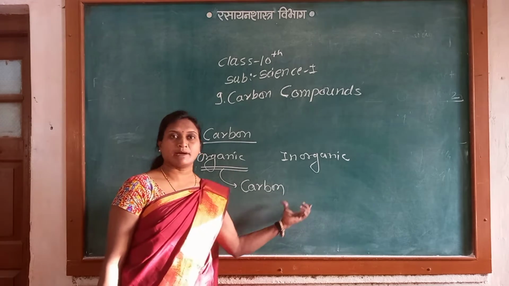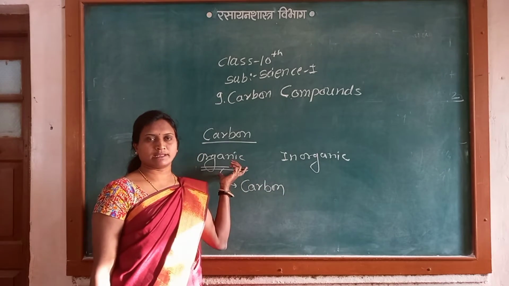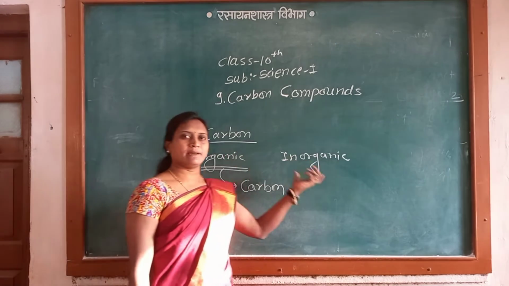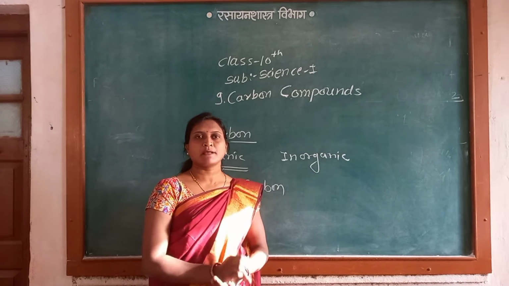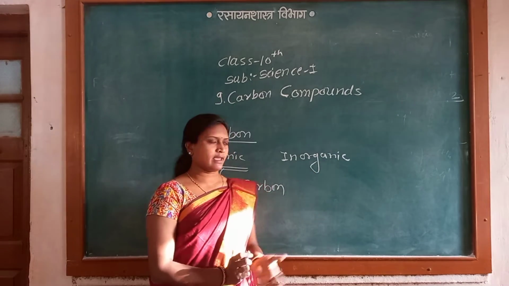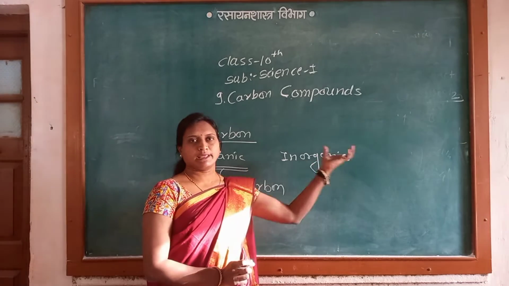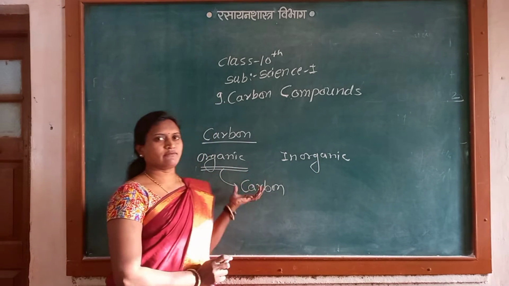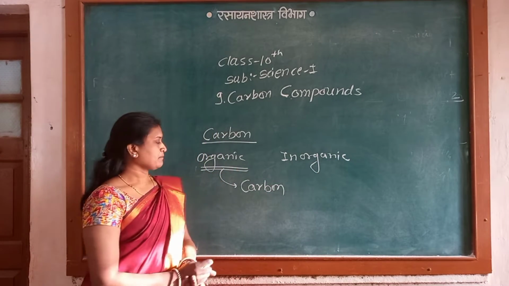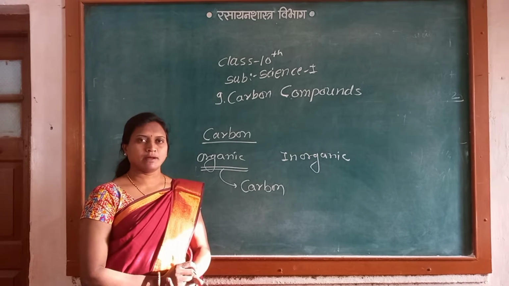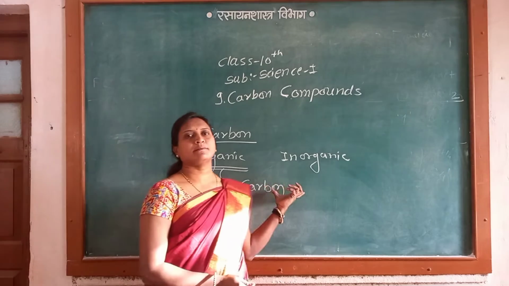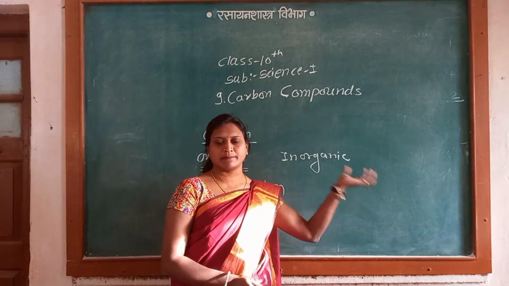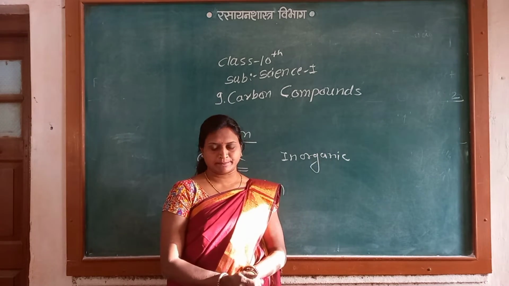That's why carbon-containing compounds we call organic, and compounds which do not contain carbon we call inorganic compounds. So this is the general definition we have made related to carbon. The compounds containing carbon are called organic compounds, and the compounds not containing carbon are called inorganic compounds.